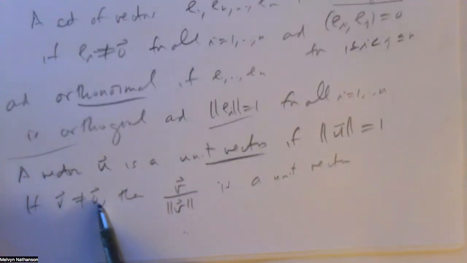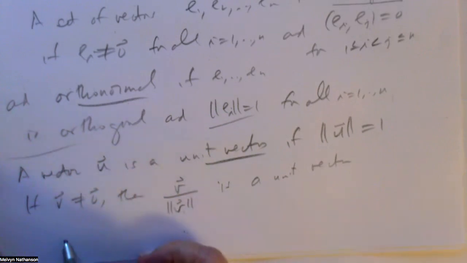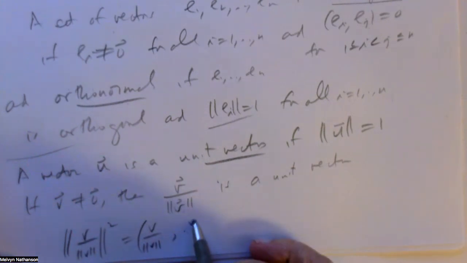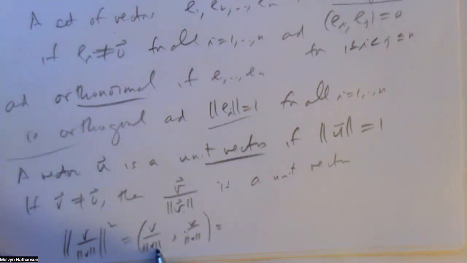Why is that? V is not 0, so its length is strictly positive, so I can divide by it. And what is the length of V over the length of V? Let me take the length squared. That's the inner product of V over the length of V, comma, V over the length of V. I can take a scalar outside.